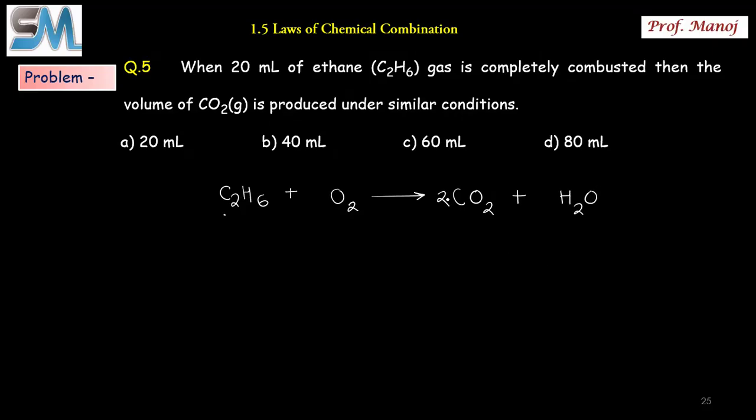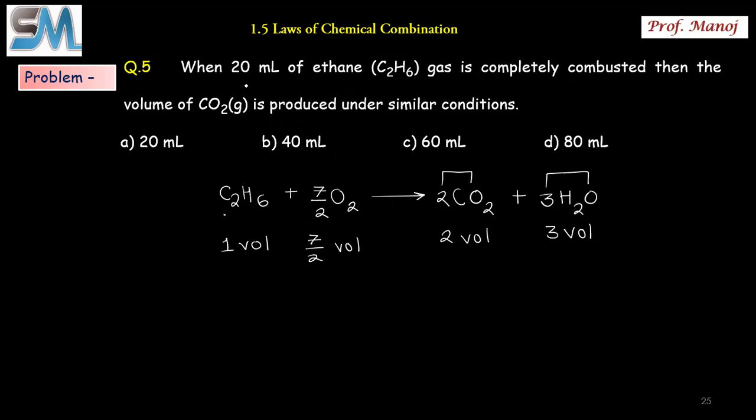Carbon 2 times, carbon 2 times. Hydrogen 6 times, 3 2s are 6. This is 4 oxygen and 3 oxygen, 7. So this is 7 by 2. So 1 volume, 7 by 2 volume to form 2 volume, 3 volume.